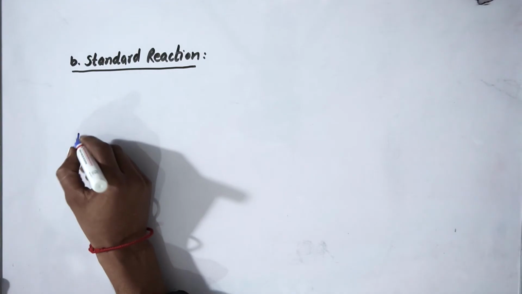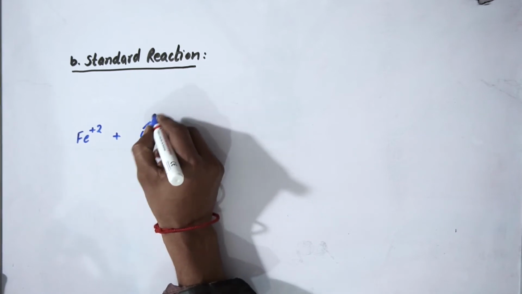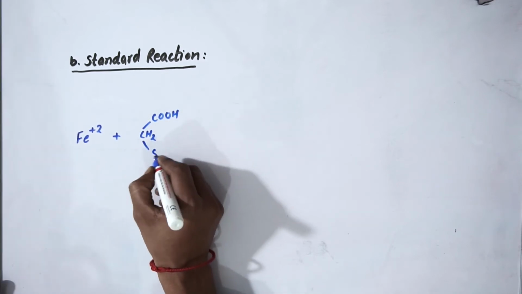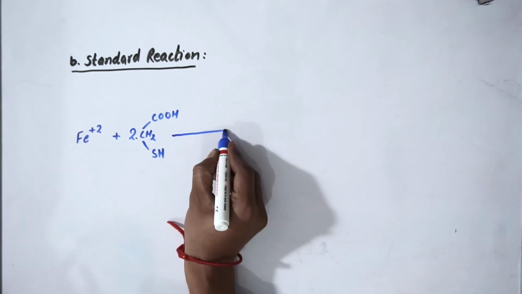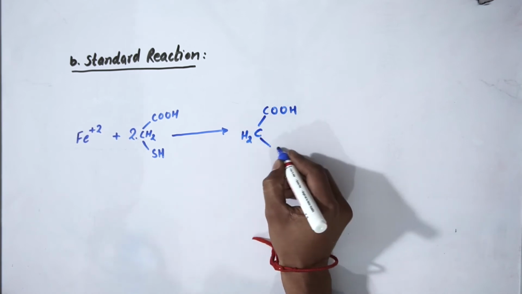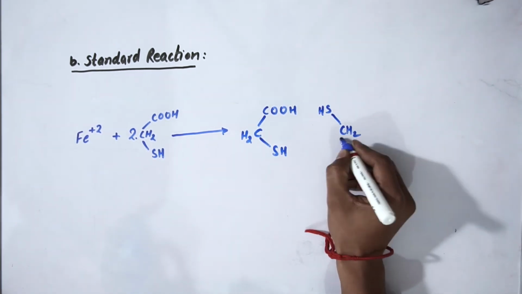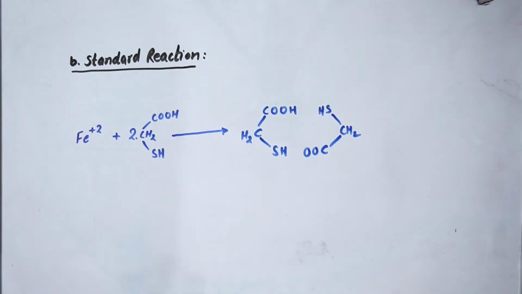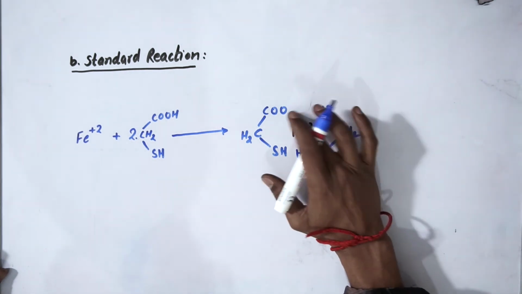Now we'll write the standard reaction. Here this is ferrous present in our standard and reacts with two molecules of thioglycolic acid, and in same way we are going to write the reaction. Here SH should face opposite direction and COOH also face opposite direction. Now from here one hydrogen is gone and negative charge will develop.